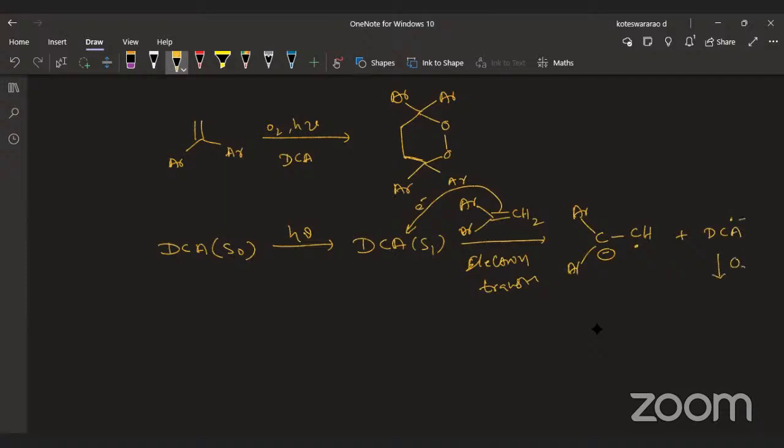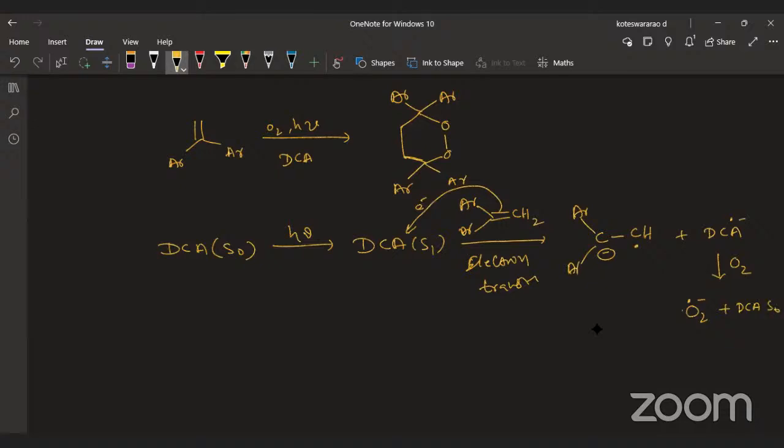Now it reacts with oxygen at ground state, leading to the formation of superoxide anion radical, along with DCA.